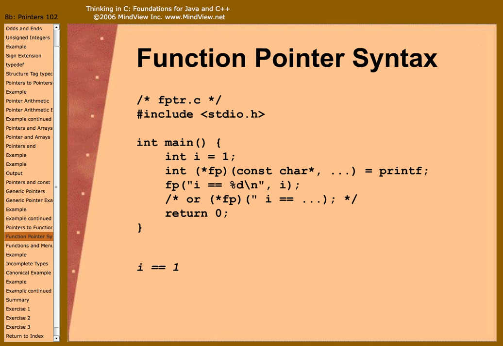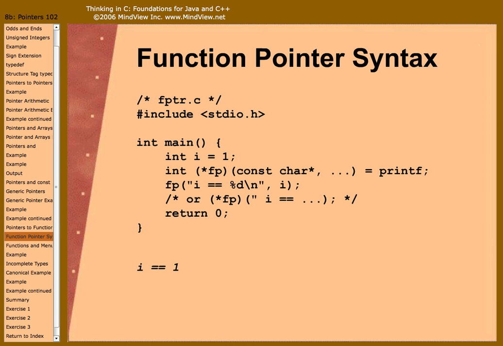All right, now that I have declared fp as a pointer to a function and I have stored in it the address of the appropriately declared function, in other words, one that matches the declaration of fp as far as its arguments and return type go, now I can call it, and I can call it in the normal way, the normal syntax of a function.